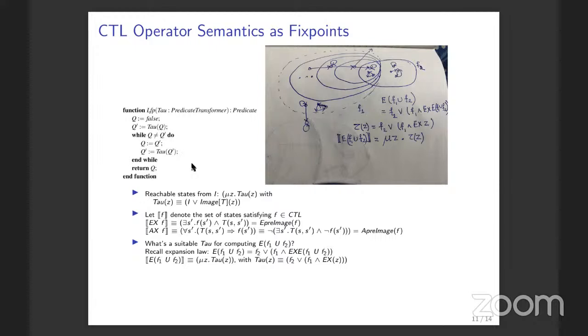In each step, in this Kleene iteration of symbolic model checking, it's doing a breadth first thing. In one step, it accumulates all the states that go to something which satisfies F2 in one step. Each iteration, tau will include all the states that in one step end up in the fixed point. Unlike the explicit state approach, where you accumulate one step at a time, this is breadth first, which I had already shown in the reachability analysis.